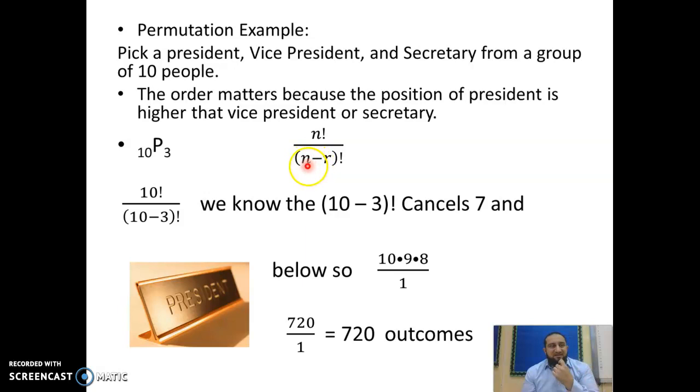So this is going to be a permutation, 10P3. The general formula for this one is n factorial over n minus r factorial. So this is 10 factorial over 10 minus 3 factorial. We know that 10 minus 3 factorial cancels 7 factorial and below. So 10 times 9 times 8 over 1 will give us 720 outcomes.